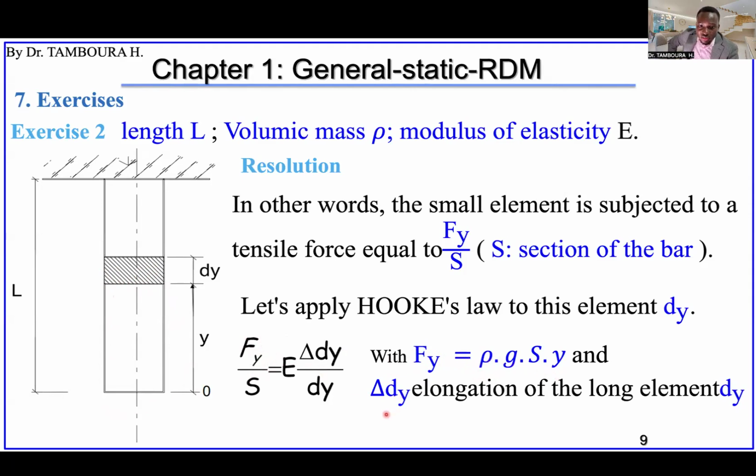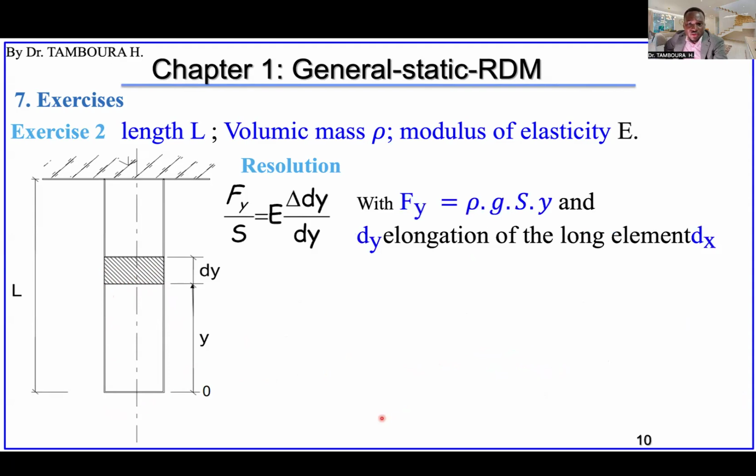Okay, so if we do that, replacing this F by all this, we obtain something like this, and we can obtain the small change, delta dy. It means the variation in length of this element dy.